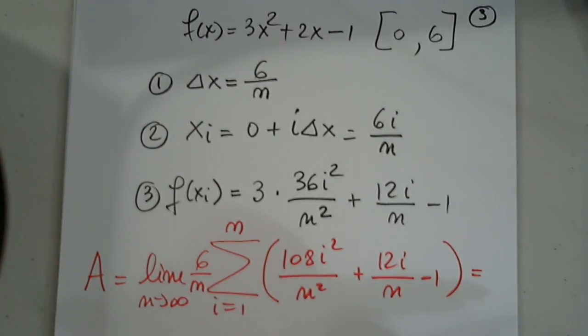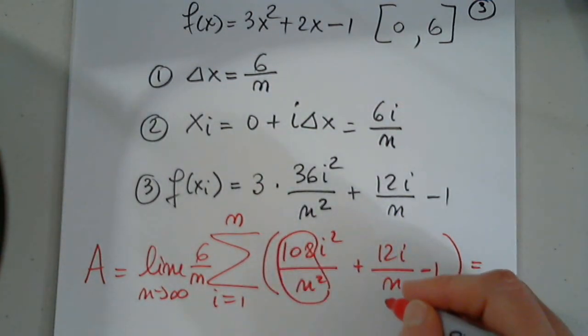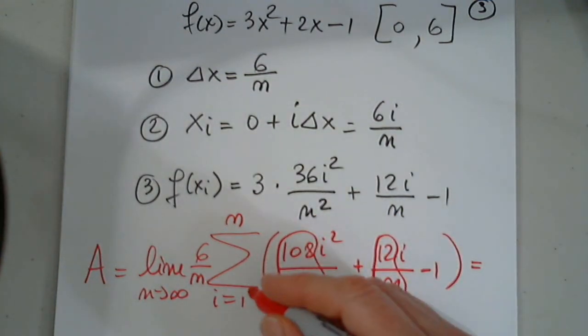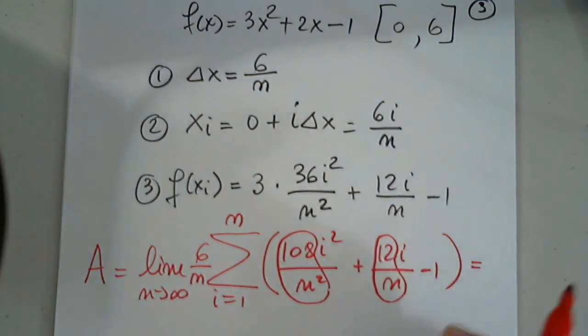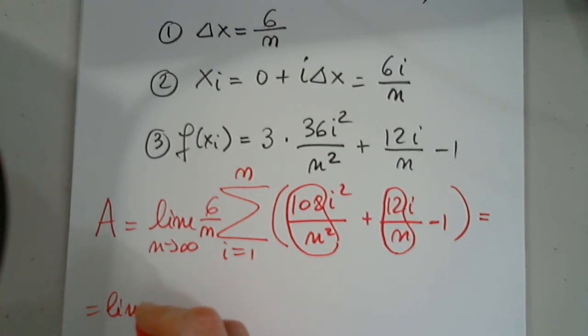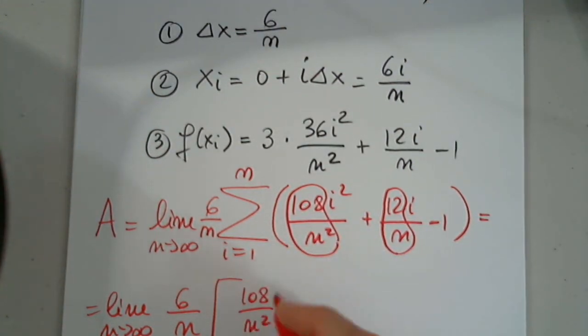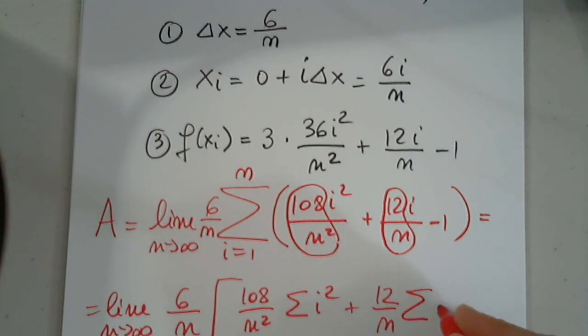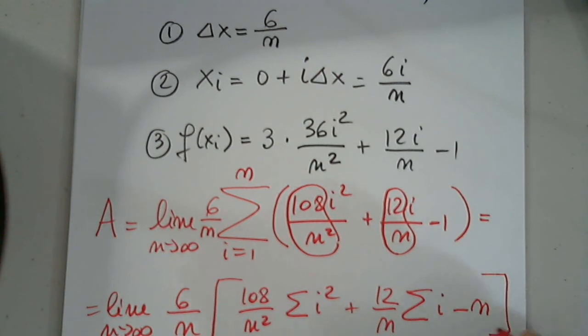But because I'm lazy, I will take the constant in front of the sum already, so I don't have to write it 3 times. And this is just the sum of 1, which will be n. So this is the limit as n approaches infinity of 6 divided by n times 108 over n squared, the sum of i squared, plus 12 over n, the sum of i. And then the sum of negative 1 is simply negative n.